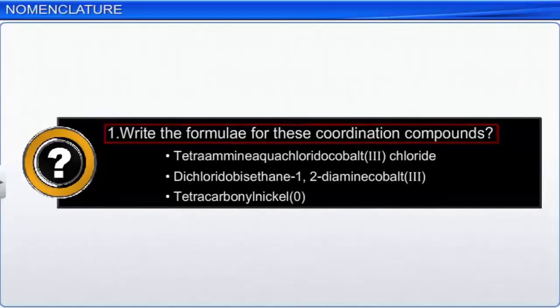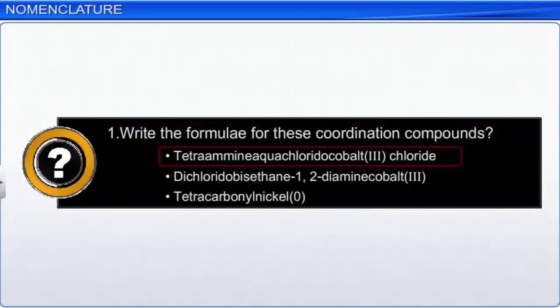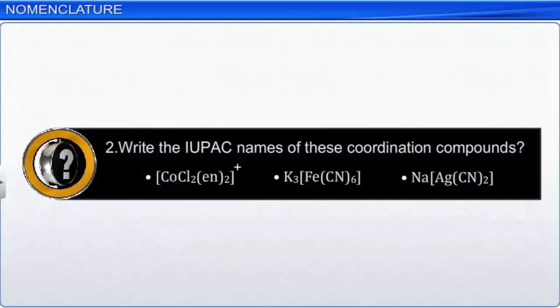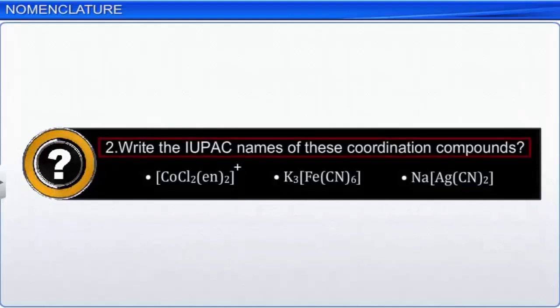Tetraamine aqua chloridocobalt(III) chloride. Dichlorido bis ethane 1,2-diamine cobalt(III). Tetracarbonyl nickel(0). Question 2. Write the IUPAC names of these coordination compounds.